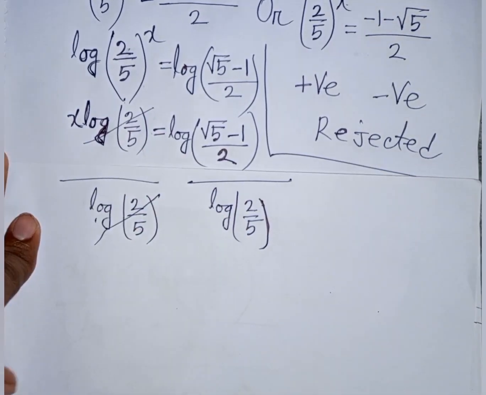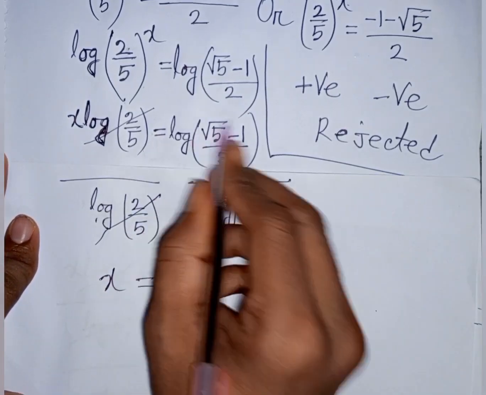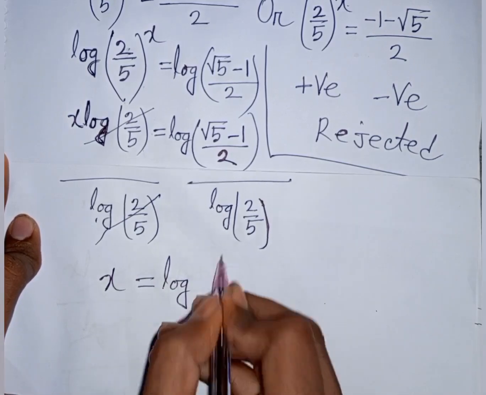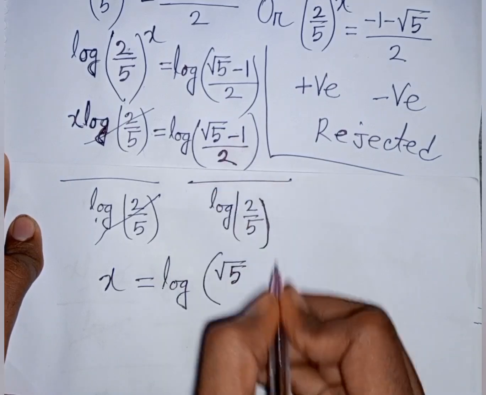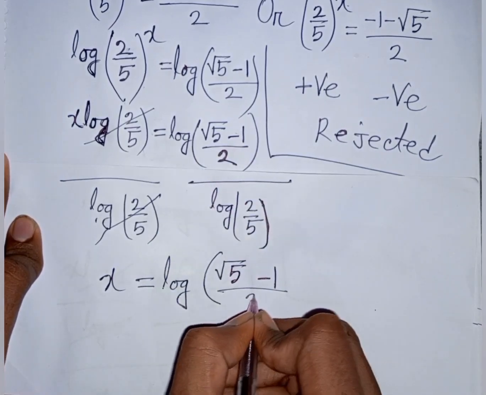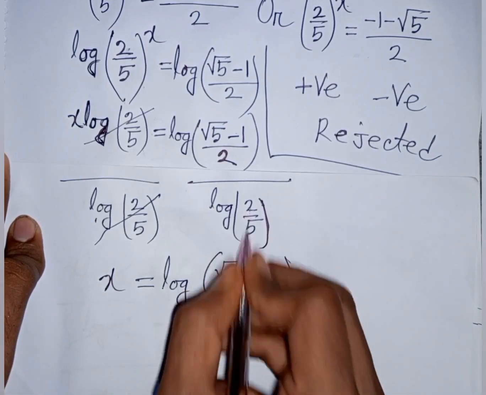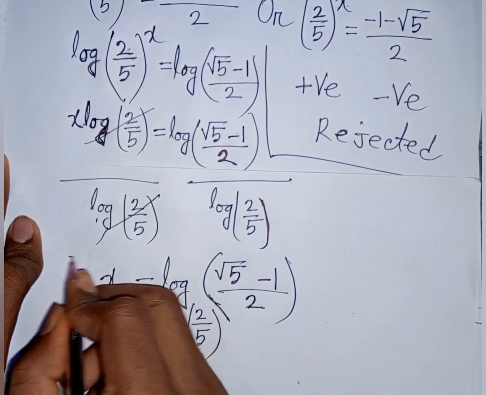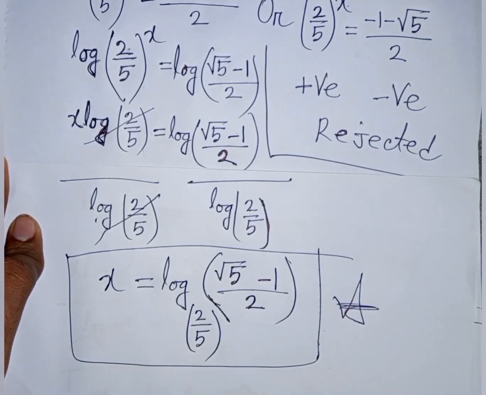So here x will be equal to this divided by this, that means log of square root of 5 minus 1 over 2, with base 2 by 5. So this is the value of x, so this is our final answer.